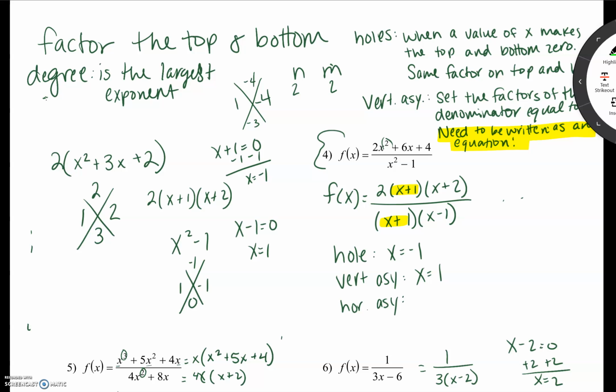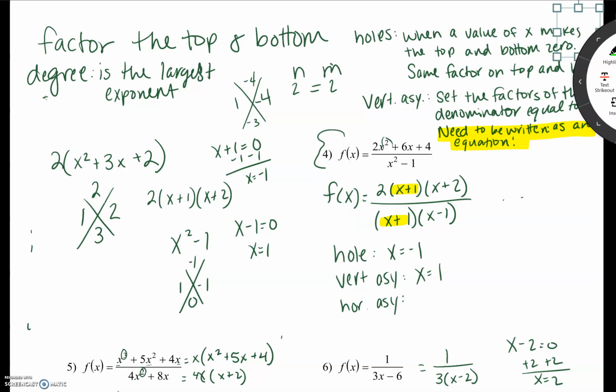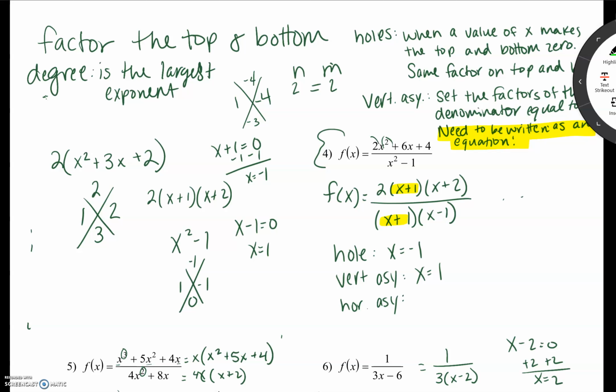But when n and m are equal, we look at the leading coefficients. So the leading coefficients would be 2 over 1. So our horizontal asymptote is going to be y equals this number, which can be simplified to just simply 2.